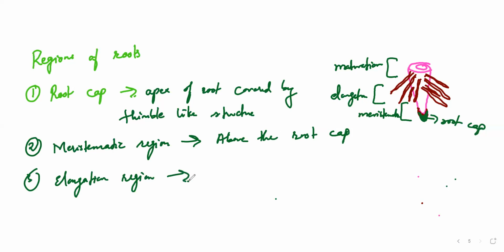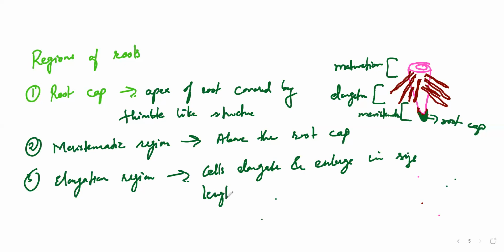So here what happens is, whatever dividing cells are produced in the meristematic region, they will elongate. The cells will enlarge in size, thereby increasing the length of the root.